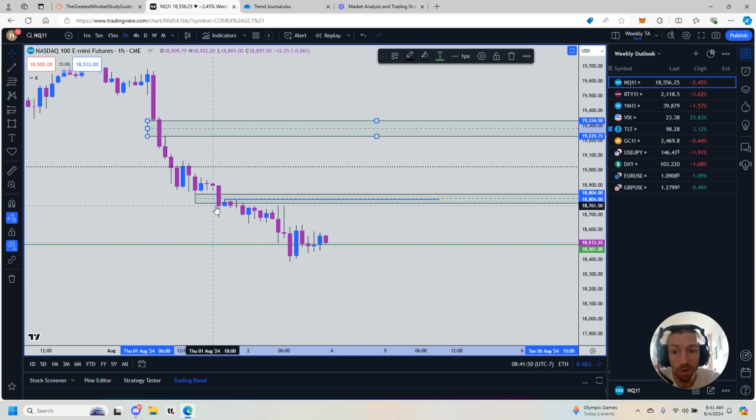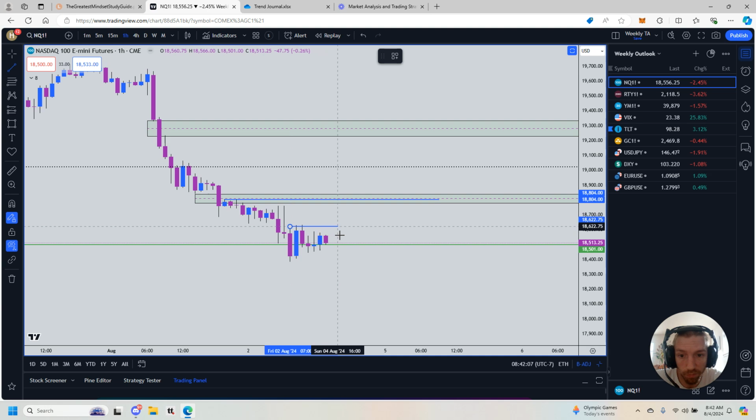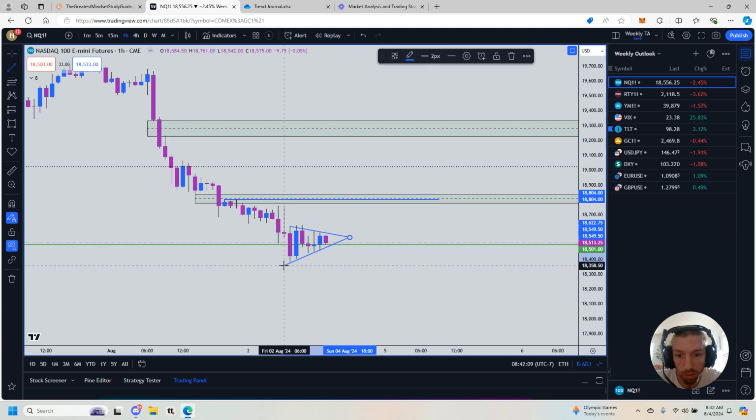So notice we have not created any fair value gaps on the 1 hour since this one in Thursday afternoon overnight. So that would definitely be if we get some sort of displacement up outside of this consolidation range, kind of this level here.